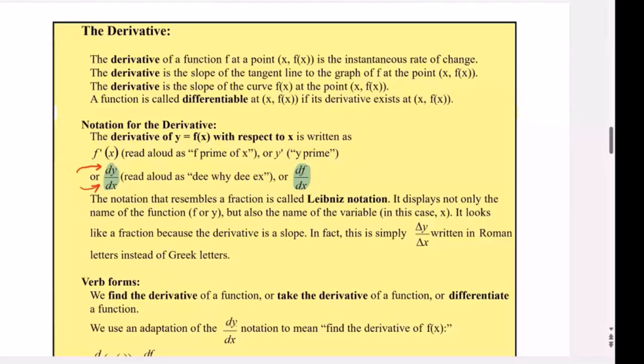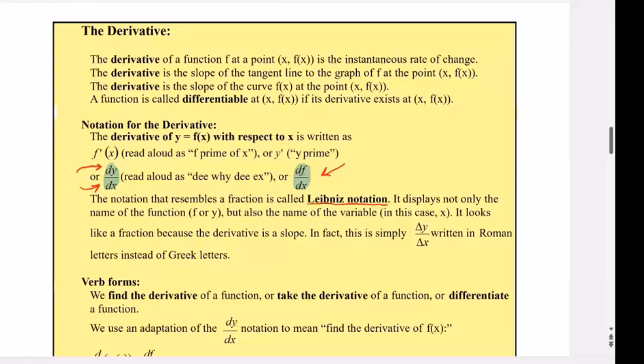Or we can say the derivative of f with respect to x. That's what this says. These different ways really mean the same thing. The notation that resembles a fraction, which is what I just talked about, is called Leibniz notation.